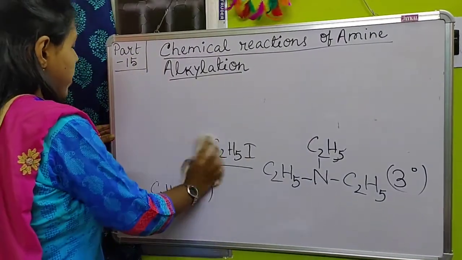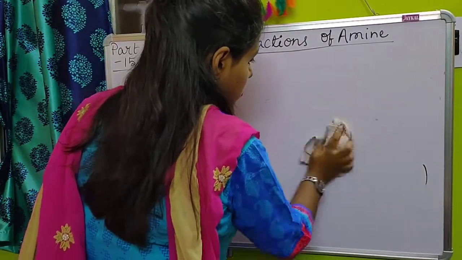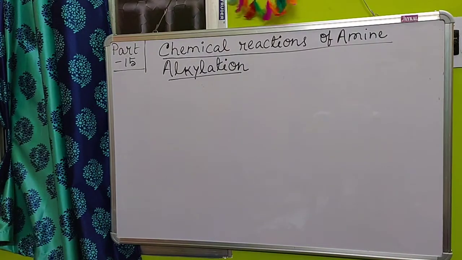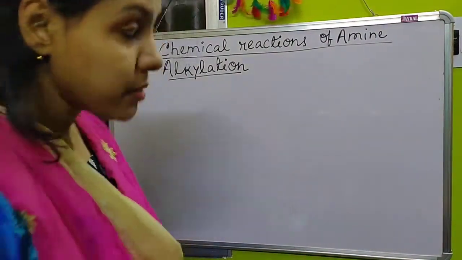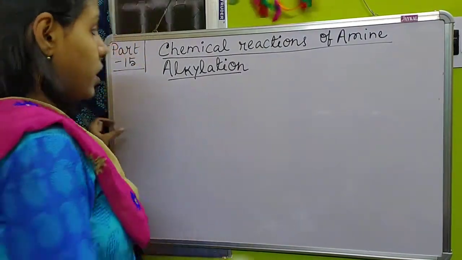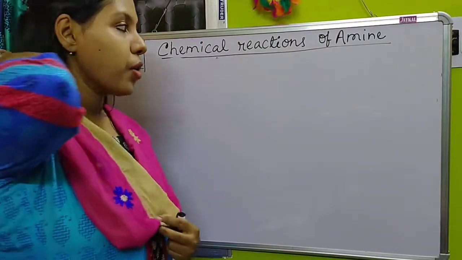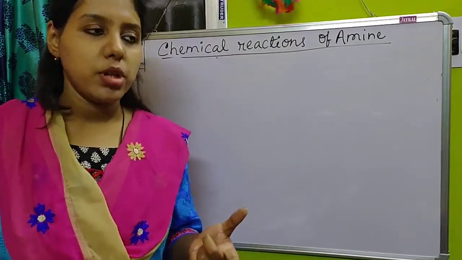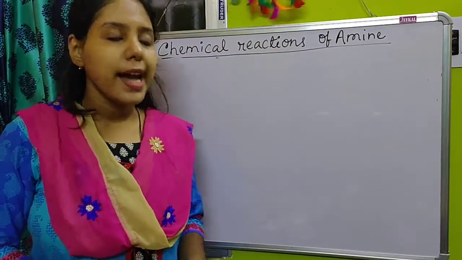So the next type of reaction is the same kind of process, that is acetylation. Acetylation means addition of an acetyl compound like CH3CO, or addition of a benzoyl compound.